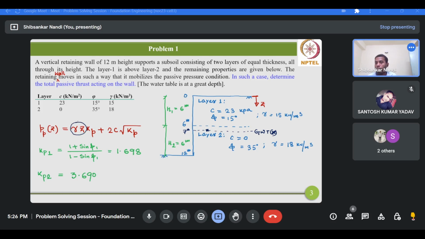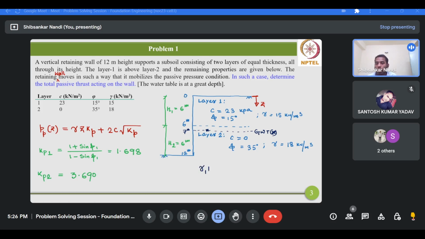Are you getting my point? This gamma z contribution is giving you the vertical overburden. That is the physical significance of the gamma z value. Now how can you calculate the vertical overburden? For calculating the gamma z value up to this 7 meter, you will have two different unit weights, one for layer 1 and another for layer 2. So you have to calculate gamma z separately.